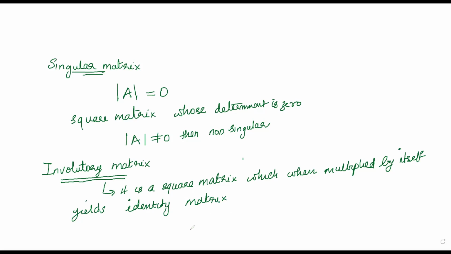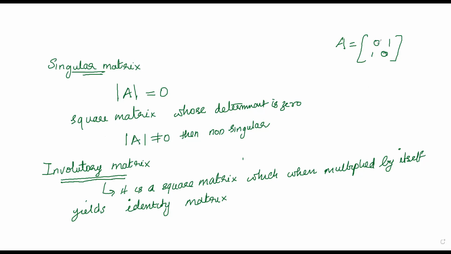Now see the question given for us. The matrix given to us is [0, 1; 1, 0]. Now we have to see which type this matrix belongs to, whether it is singular, involutory, idempotent or nilpotent. First of all, we'll see whether this is singular or not.